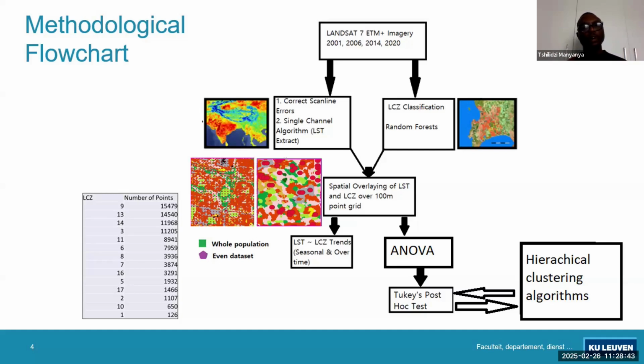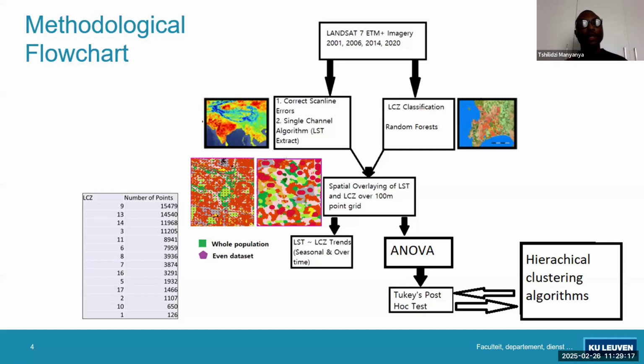On the one side, after that, we do a graphical analysis of the trends between the local climate zone and the land surface temperatures. On the other hand, we do a statistical analysis where we start with an ANOVA, then we do a Tukey post hoc test, and then we put that through hierarchical clustering algorithms.